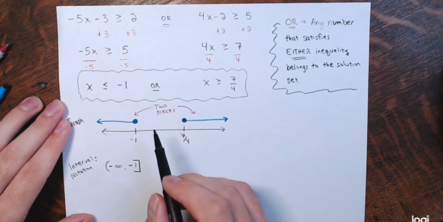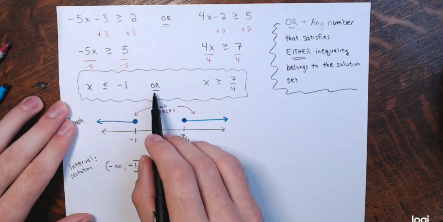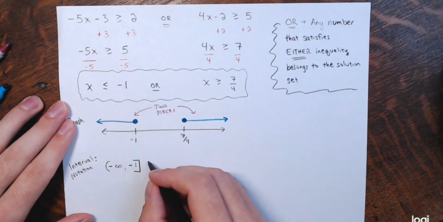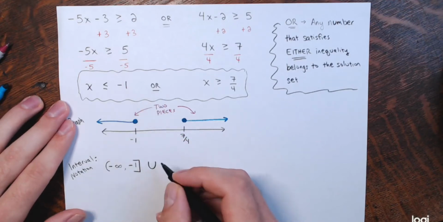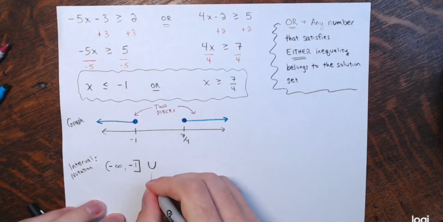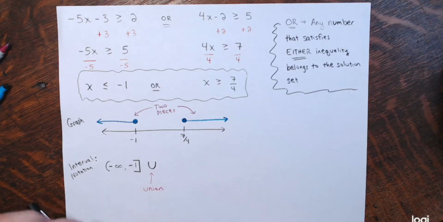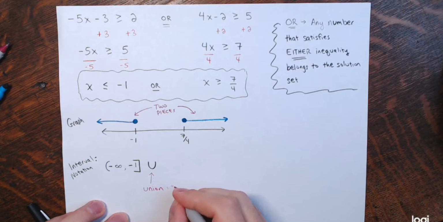Then, to represent the gap, and also the word or, is this union symbol. This is called the union symbol in set notation, and it really just means the word or.